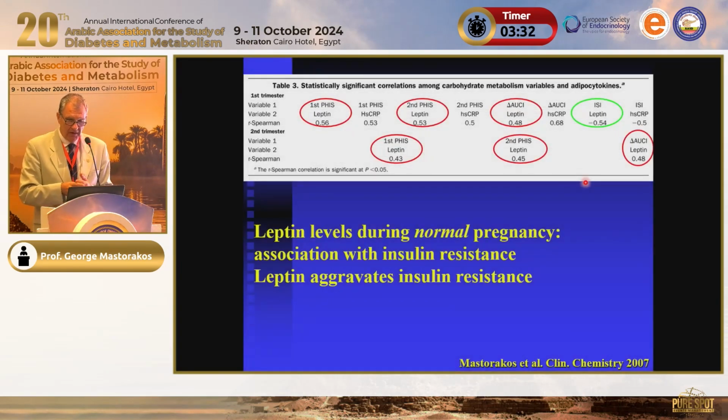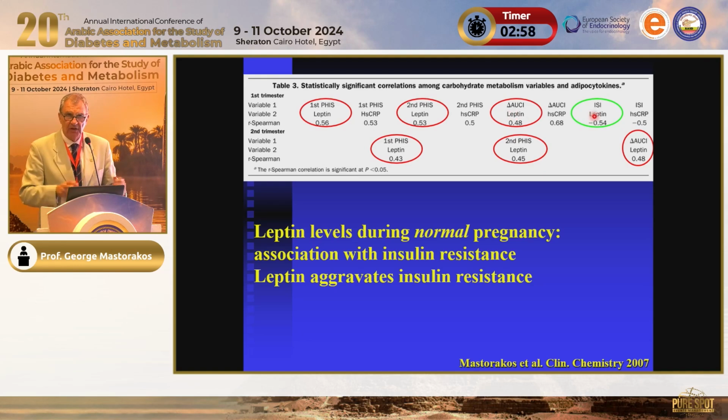So when we turned back to our mathematical calculation and we associated our findings regarding visfatin and leptin with the mathematical calculation of insulin production during normal pregnancy, we found definitely that leptin is associated in the first and the second trimester with hyperinsulinemia. Here is the second trimester, here is the first trimester, also in the second phase of insulin production, also with the area under the curve of insulin during the OGTT.